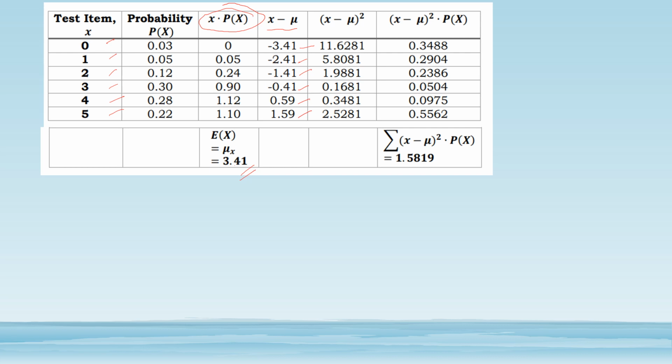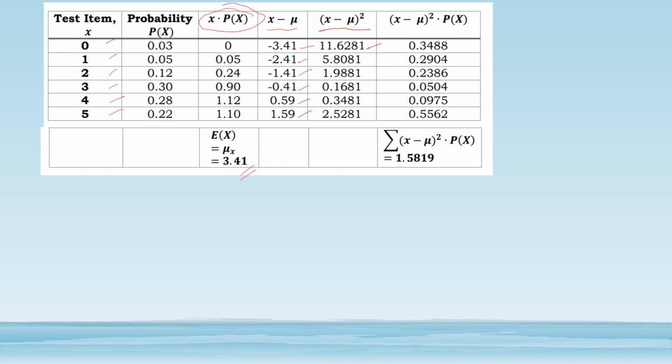Remember, you are allowed to use a calculator. Next step is to square the difference that we have from x minus mean. Squaring means multiplying it by itself. So for us to get the square of x minus mean, we have negative 3.41 times negative 3.41.